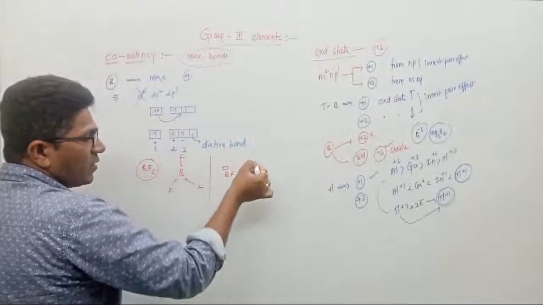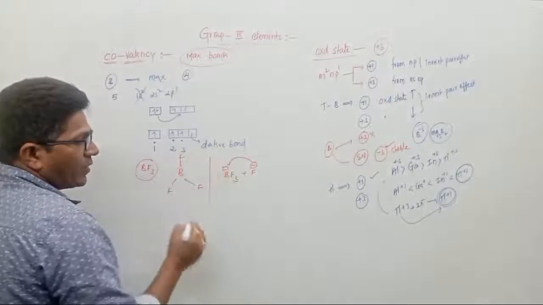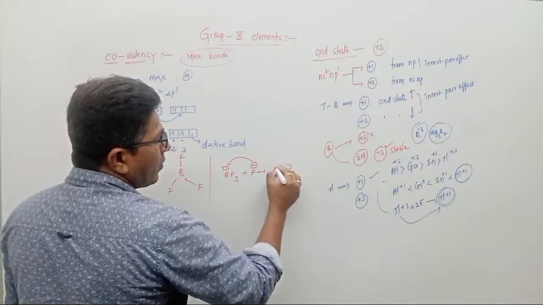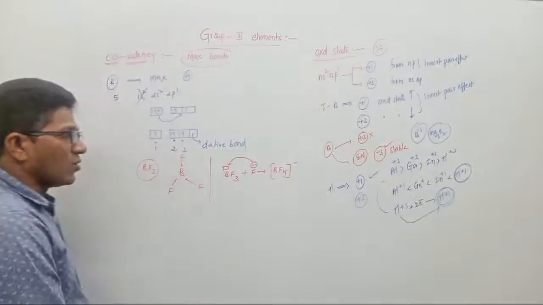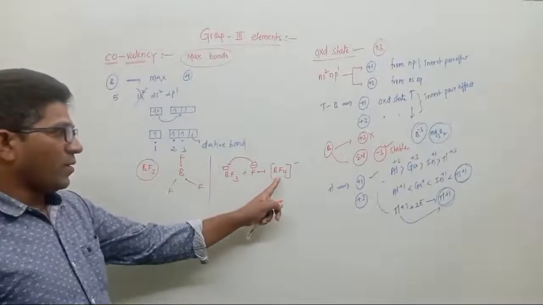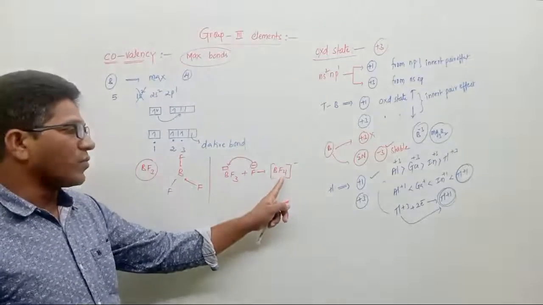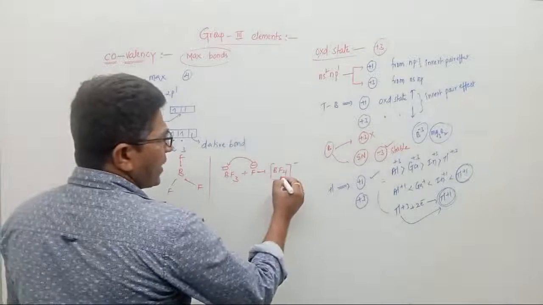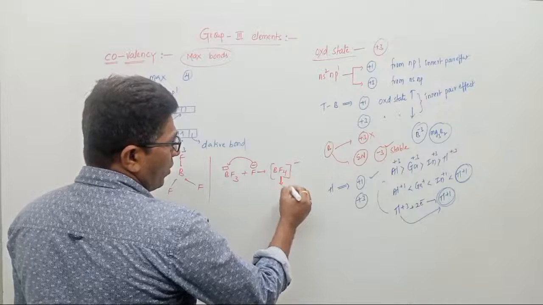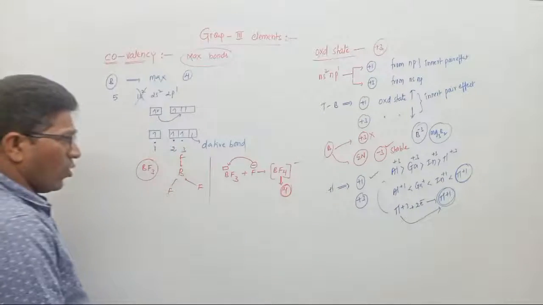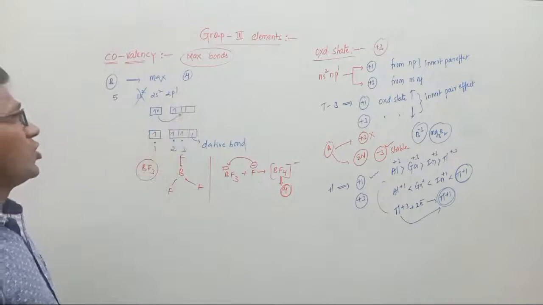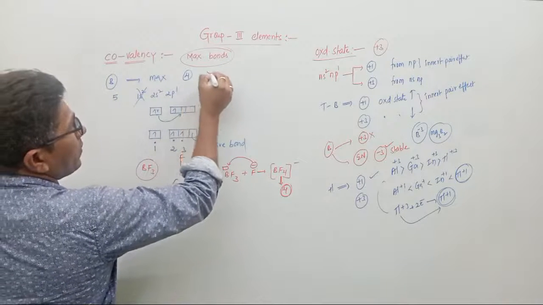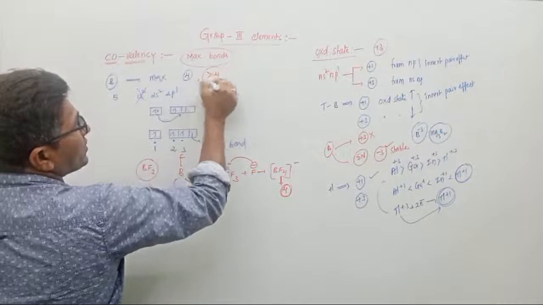F minus donates its lone pair to the vacant orbital to form BF4 minus. Now what are the surrounded atoms? 4 surrounded atoms. Now what is the covalency? Maximum bonds is equal to 4, so covalency is equal to 4. Boron shows maximum covalency 4. More than 4 covalency is not possible.